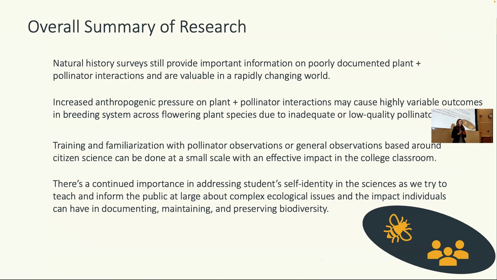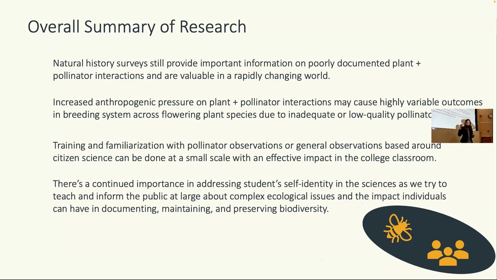So we're going to wrap it all up into like a nice, neat bow. In my first chapter, I think I stressed the importance that natural history projects can still improve our knowledge of these understudied systems.